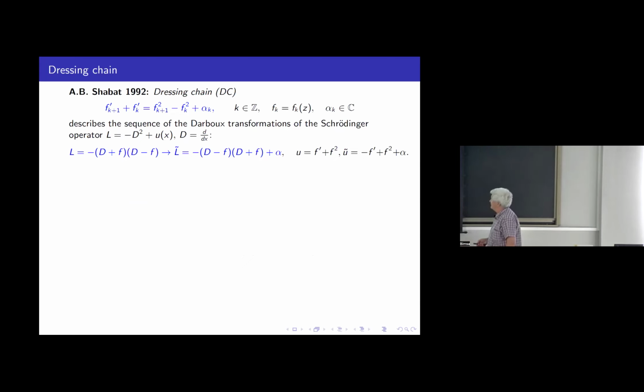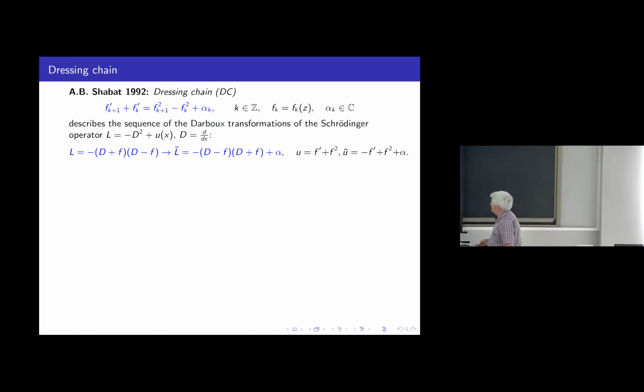So what is a dressing chain? A dressing chain is a sequence of Darboux transformations. It was mentioned in the previous talk. But this is a specific Darboux transformation applied to the one-dimensional Schrödinger operator. The transformation is that you factorize it, then swap the order and add alpha.